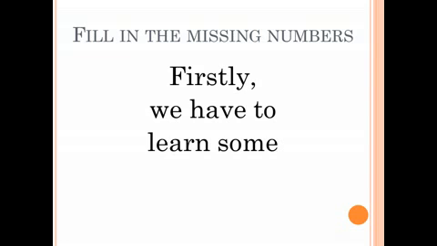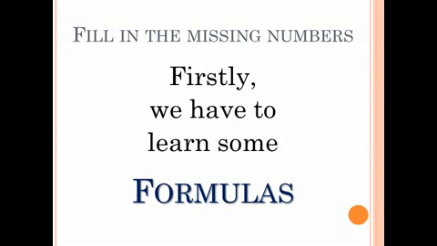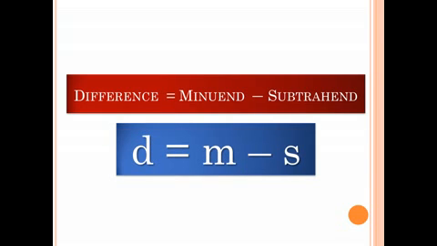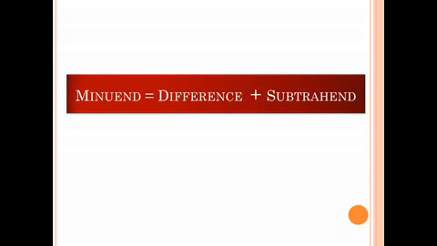Now next we will be learning fill in the missing numbers. Firstly, we have to learn some formulas. Difference is equal to minuend minus subtrahend. That is, when you find difference, you have to subtract minuend minus subtrahend. Next is, minuend is equal to difference plus subtrahend.